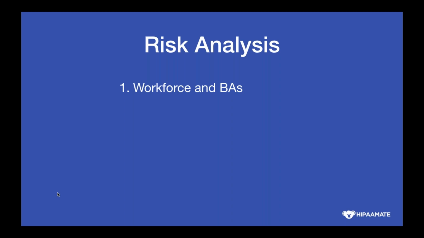So there's some wiggle room in what I'm about to tell you as far as a risk analysis. However, what I'm going to show you is the Health and Human Services recommendation for doing a risk analysis. Even though you can have a little bit of gray area and some wiggle room, this is kind of the gold standard for it.